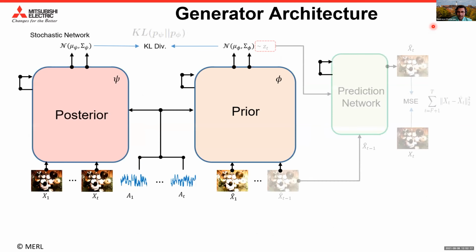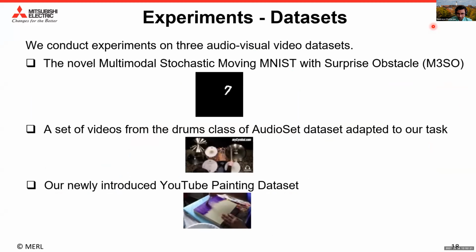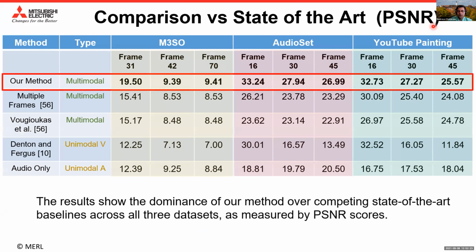So actually, I'll just show you here. If you look at this, the M3SO, which is the Moving MNIST dataset that we report on, you see that the prediction actually starts from frame 31. So you've only seen the first 30 frames, whereas here we're reporting numbers up until the 70th frame.